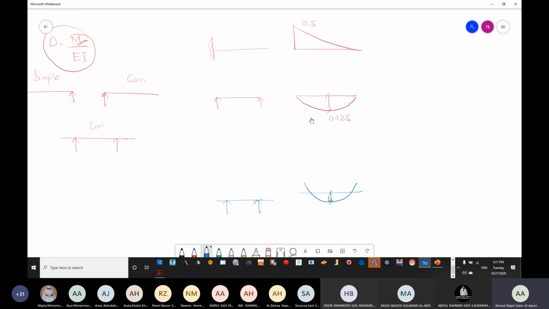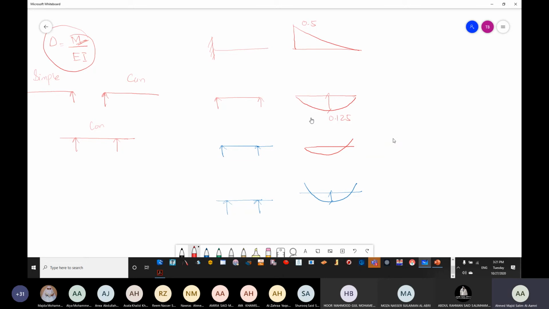And then I have another case where it's like this. Now you will see the bending moment starts with 0. It goes up a little bit on one side only.